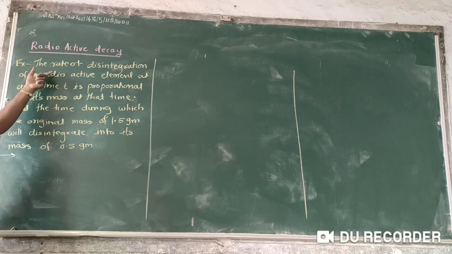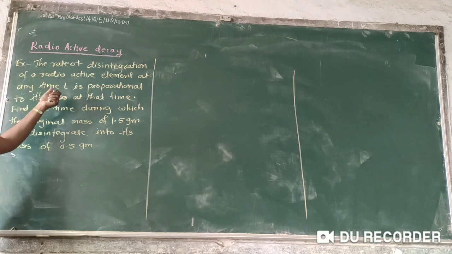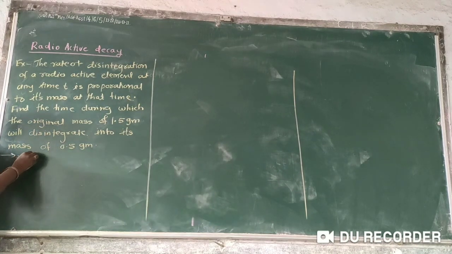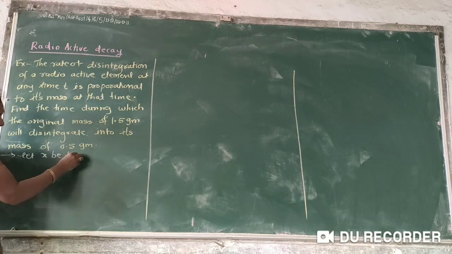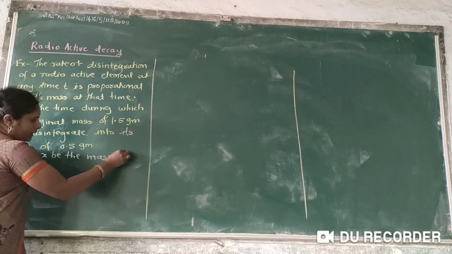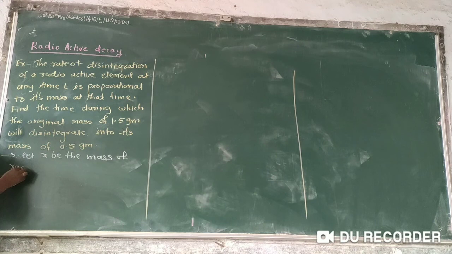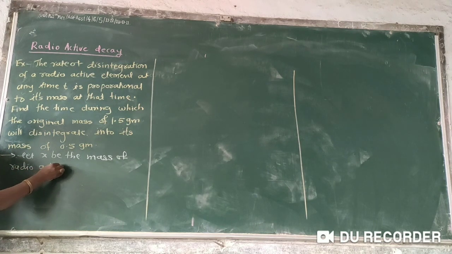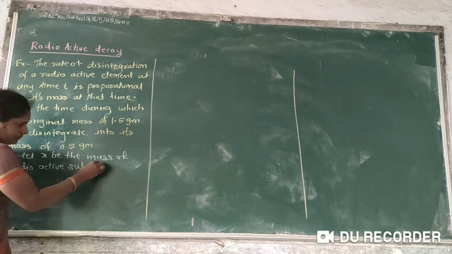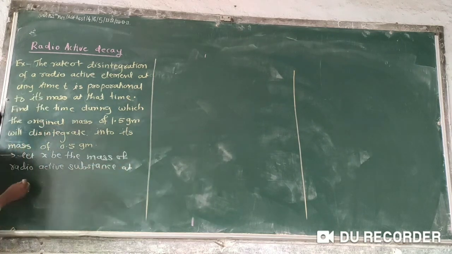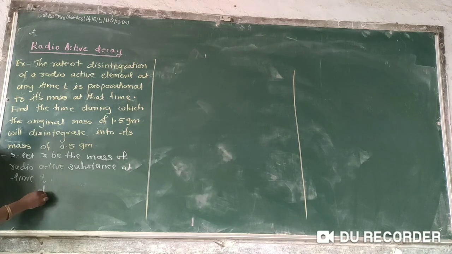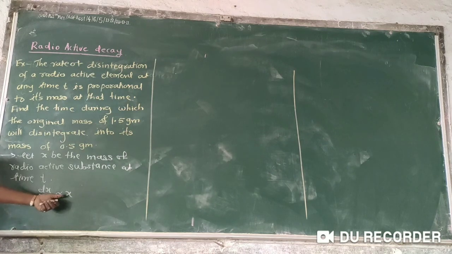The rate of disintegration of the radioactive substance is proportional to the mass of the radioactive substance. Let x be the mass of the radioactive substance at time t, and this disintegration is given by dx by dt proportional to the mass of the substance x.